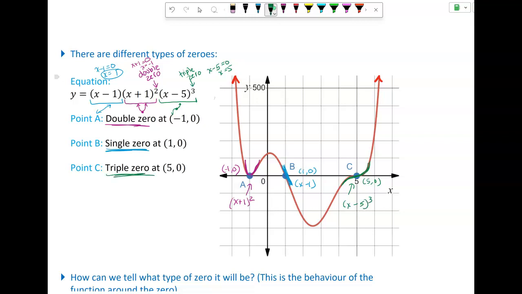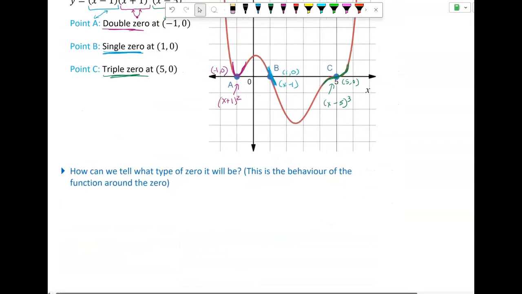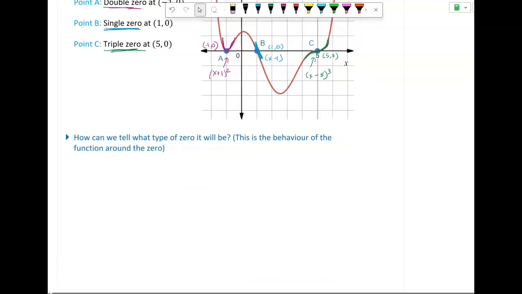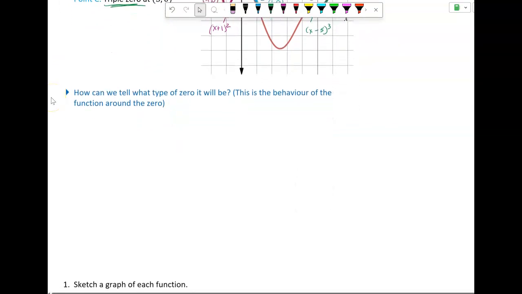Okay? So if you recall, that's what we were talking about at the beginning, whereby depending on what the equation looks like, if you have a bracket like ax minus b, with that very linear look, then you're talking about a single zero. And that happens if you solve for it.